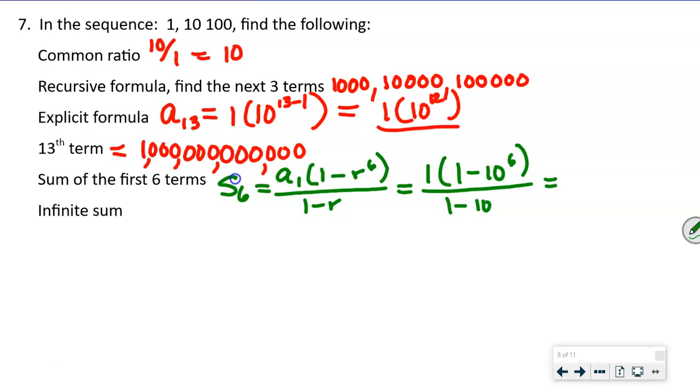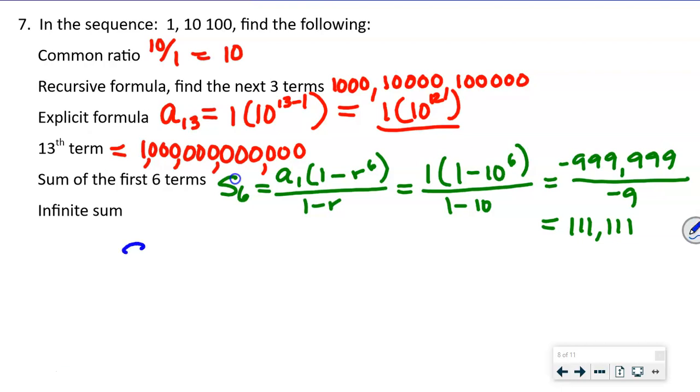So this is going to end up giving us on the top a negative 999,999, and this is going to give us a negative 9. So when we get our answer, it's going to be 111,111. There we go. So that's what the sum of the first 6 terms is.